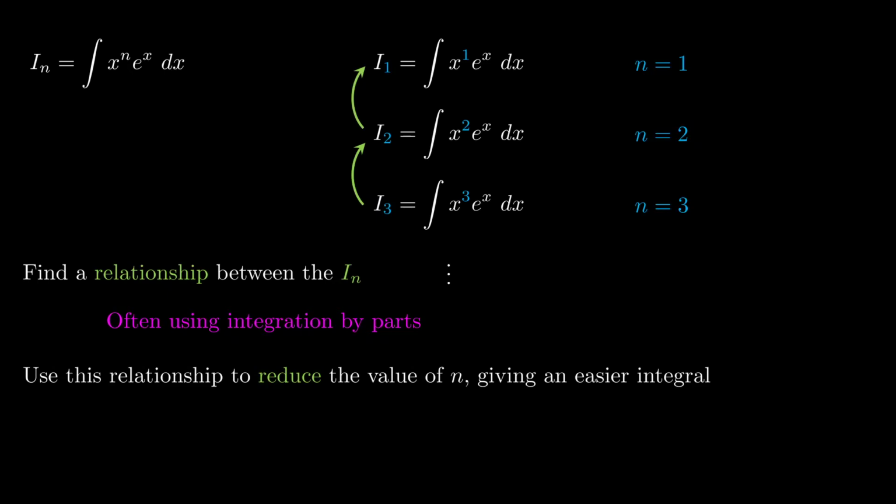Okay, and we'll use this one as an example, so let's try and integrate this one. Again, the idea is to first work out some relationship between an I_n and maybe a smaller value of n, so say n minus 1 or something like that. Alright, so we integrate this by parts with the intention of maybe reducing the value of n. So we're going to choose to differentiate x^n and integrate e^x.